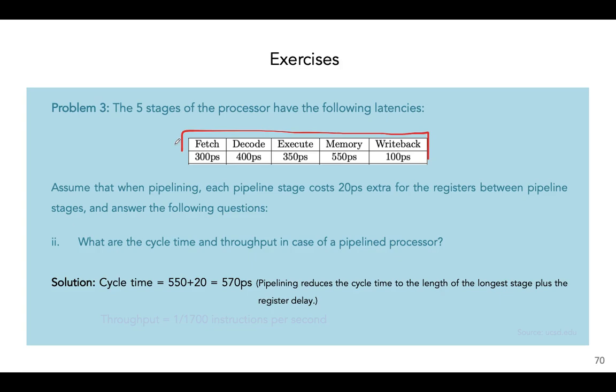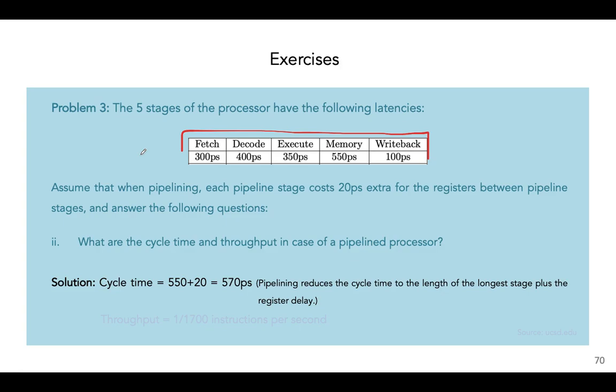So we're not waiting for each instruction to pass through this stage and this stage and this, and then bringing the next instruction which will also pass through these stages sequentially, and then waiting for that instruction to finish so we can bring the third. No, that's not what we do in pipelining.